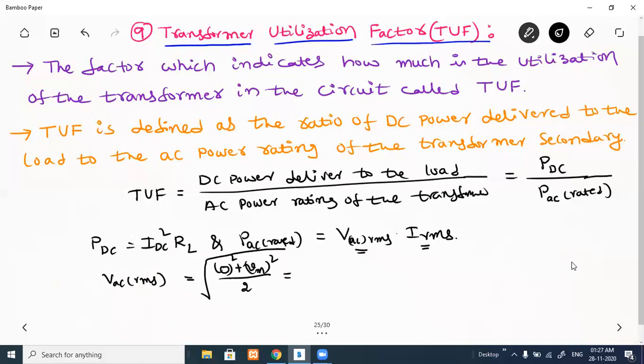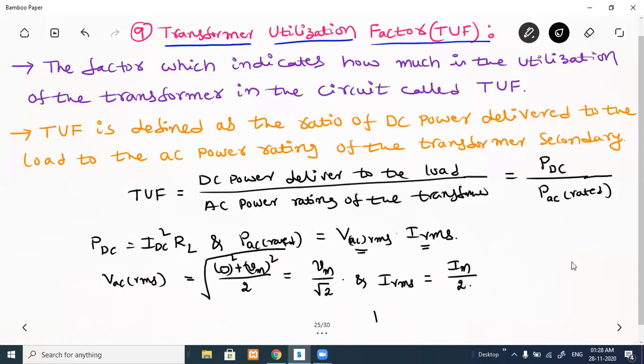Then we are getting VAC of RMS, which is equal to Vm by root 2. And IRMS for half wave rectifier, we already calculated the same current is flowing through both load, transformer secondary, and diode. So IRMS equal to Im by 2.